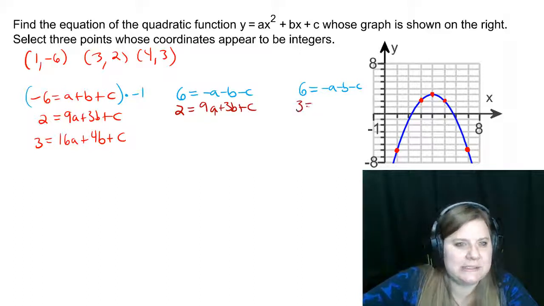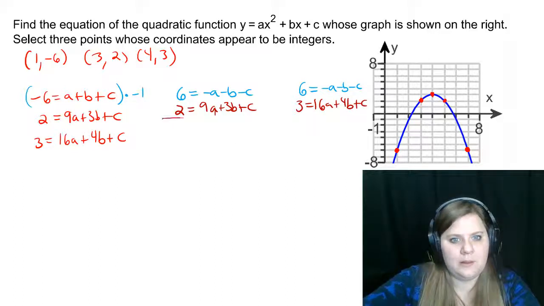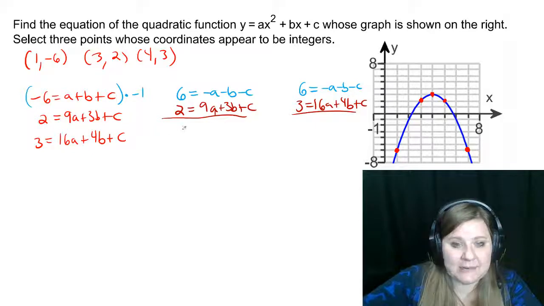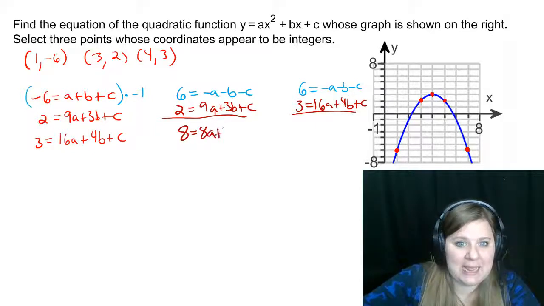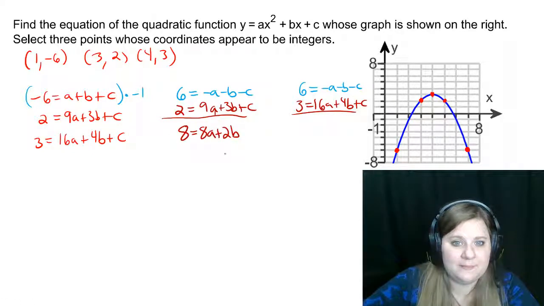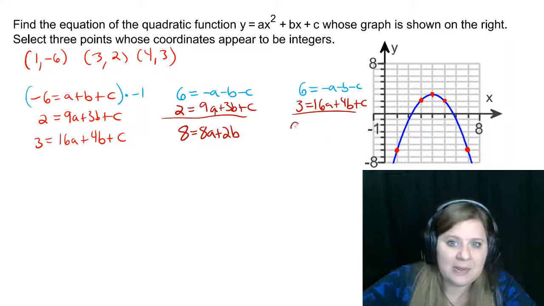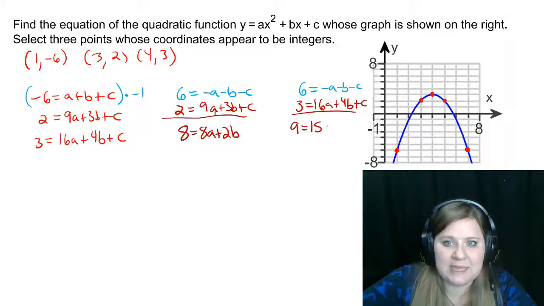So that makes it easier for me to just have the same thing for both. Now, when I add down here, I'm going to get 8 equals 8a plus 2b, and the c's cancel. And here I'm going to get 9 equals 15a plus 3b.